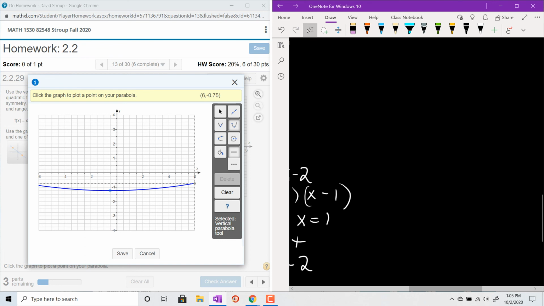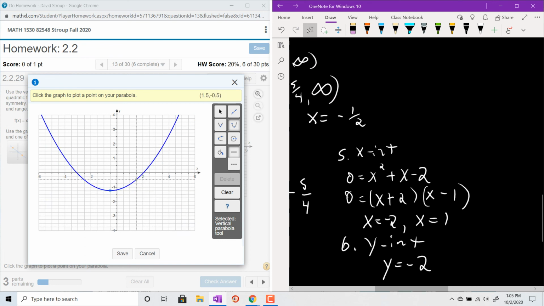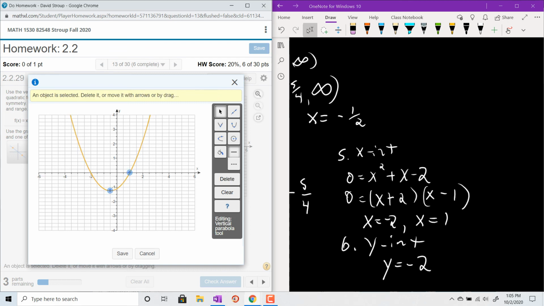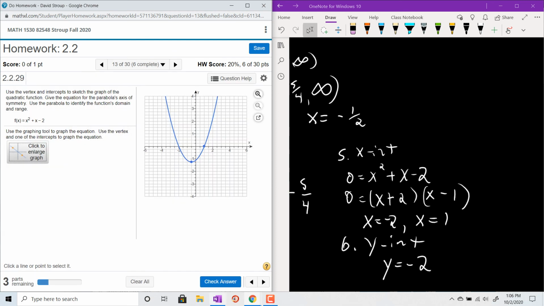So I'll go over to my x-intercepts. The one to the right is at 1. Okay, so I'm going to put that at 1. And then save and see what happens. Make sure I got it right. What is this point? -0.5, -1.25. That's good.